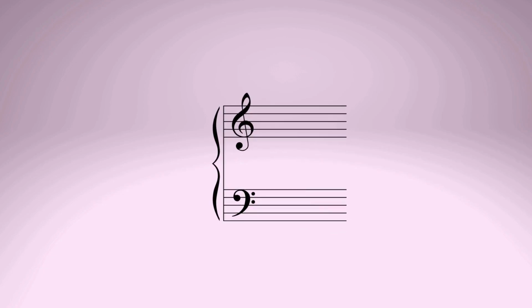For piano, we use 2 staffs tied together with a brace. This is called the grand staff. The top one is for the right hand and the bottom one is for the left hand.